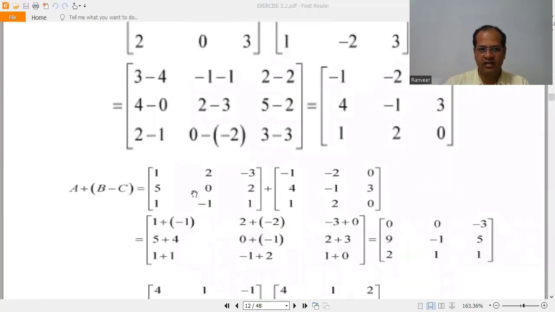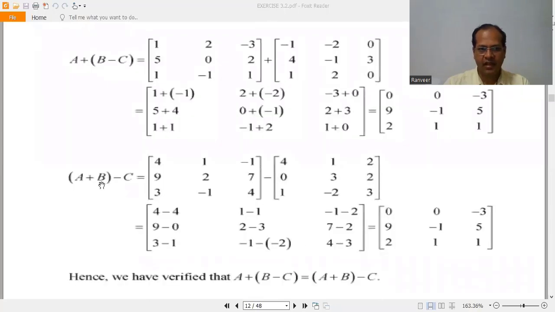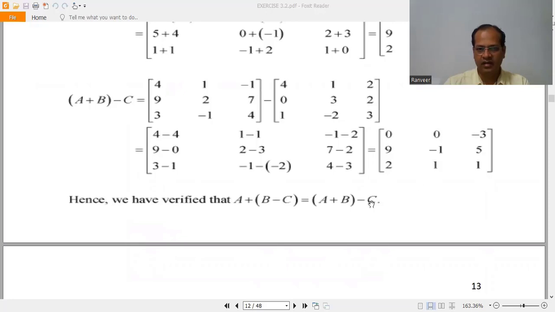For A plus B minus C, first we have the value of A and the corresponding B minus C, and just we have to add, we got this result. A plus B minus C, same way, and this is the value.